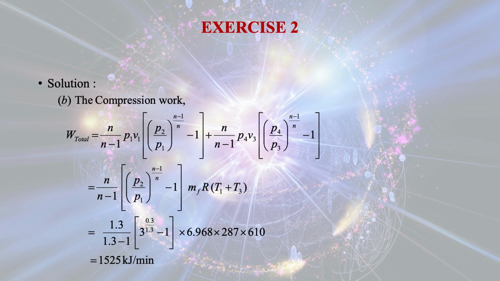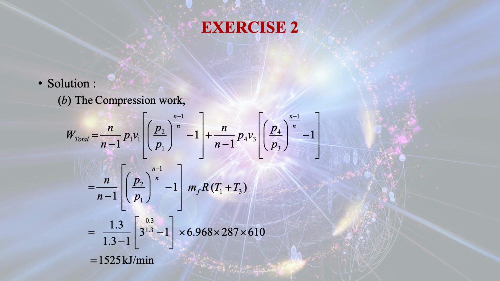On the right hand side, all things are given: we know the pressure ratio, we know the value of n, we know mf, we know R, we know T1 and T3.